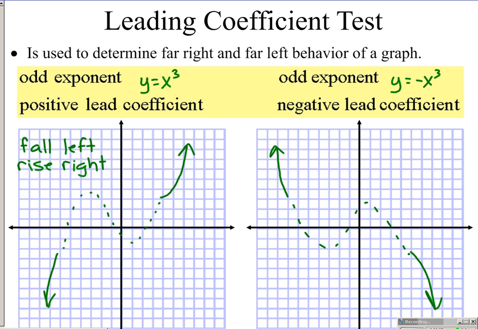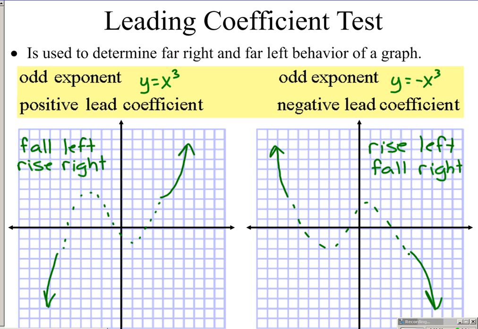We're not too concerned with that at this point, but we know any graph that has an odd exponent with a negative lead coefficient will rise left and fall right. So those two left and right behaviors take care of any polynomial whose leading term has an odd exponent and a negative or positive lead coefficient.